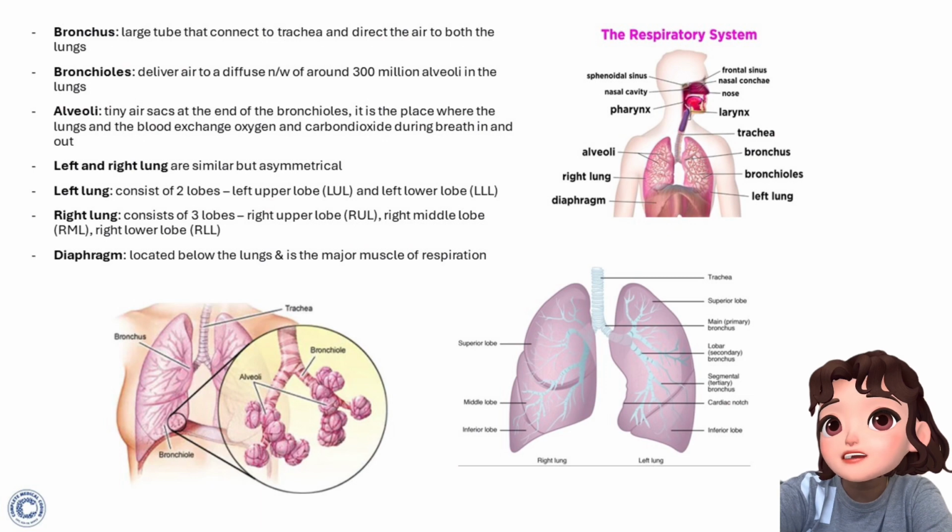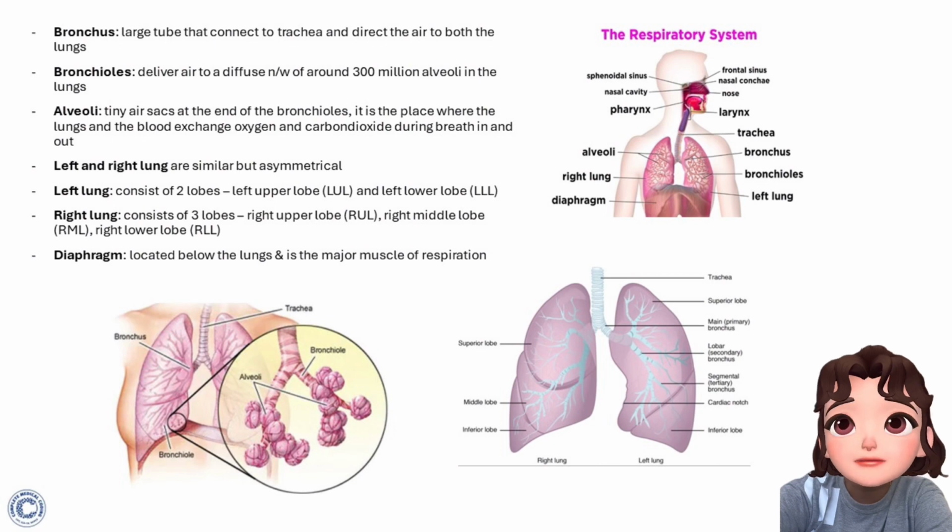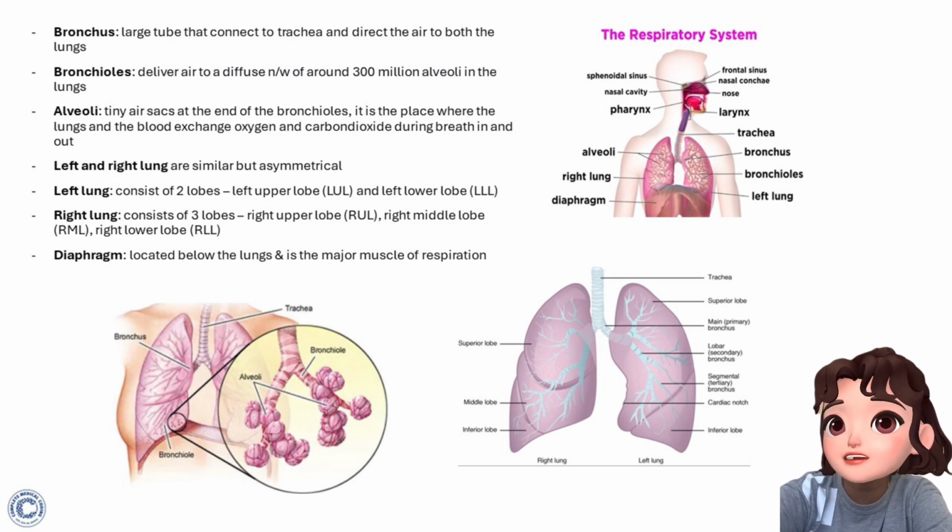Then come the lungs, left and right lungs. They look similar, but they are asymmetrical. Please check the third picture, right lung and left lung. Why are they asymmetrical? Because of the number of lobes. The left lung consists of only 2 lobes, left upper lobe and left lower lobe, whereas the right lung consists of 3 lobes, right upper lobe, right middle lobe and right lower lobe.